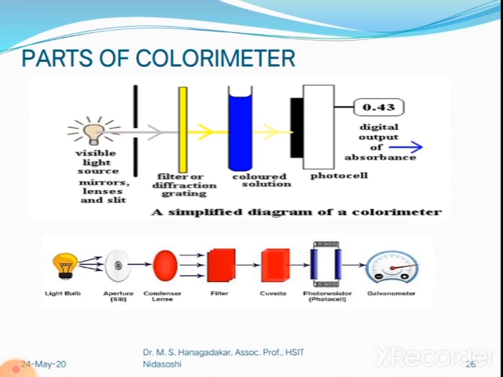Now let us move to the instrumentation part of the colorimeter. The colorimeter instrument has 5 important components.